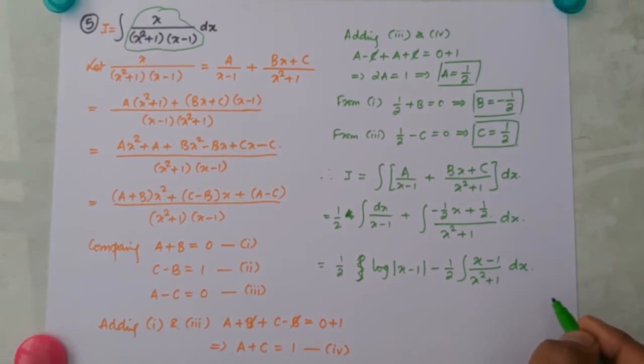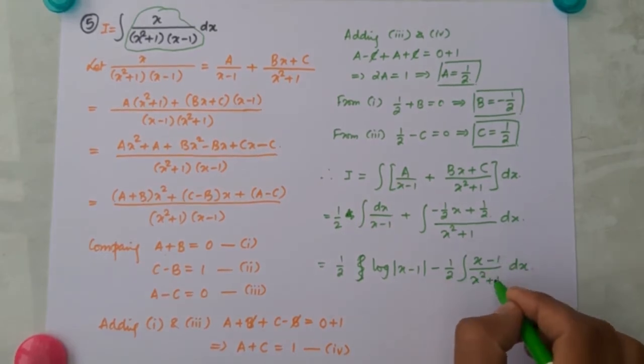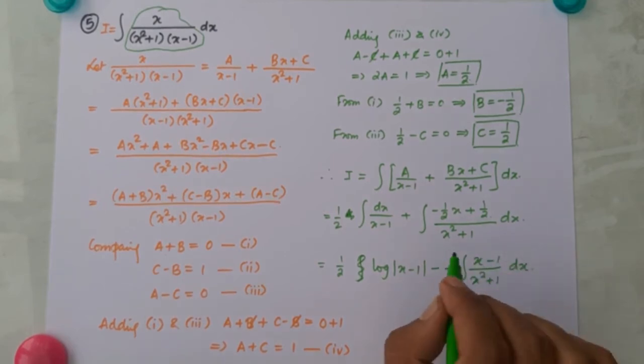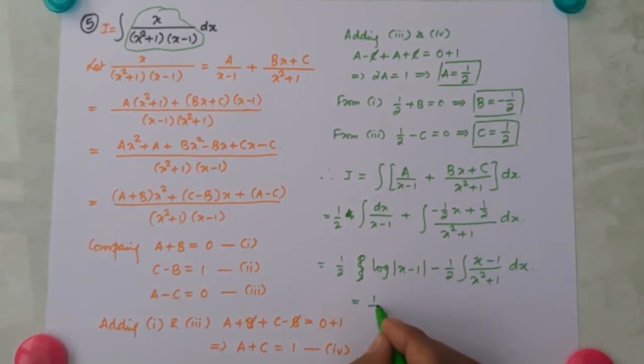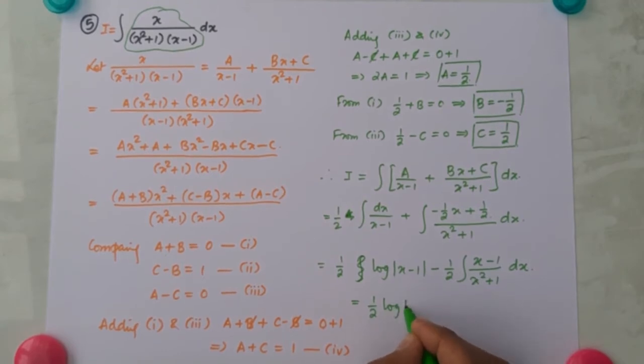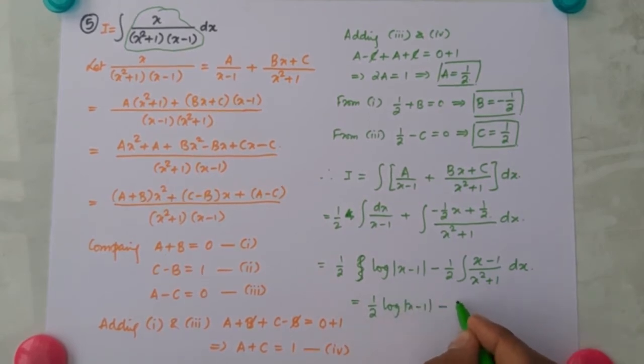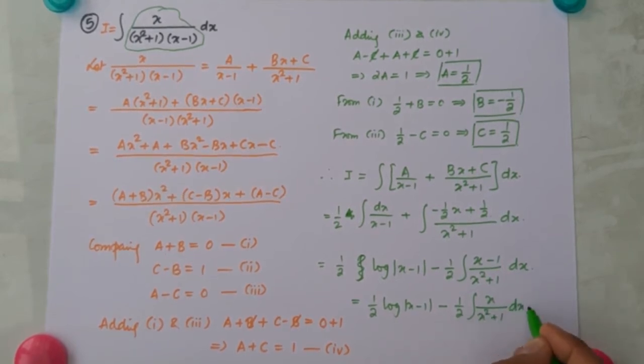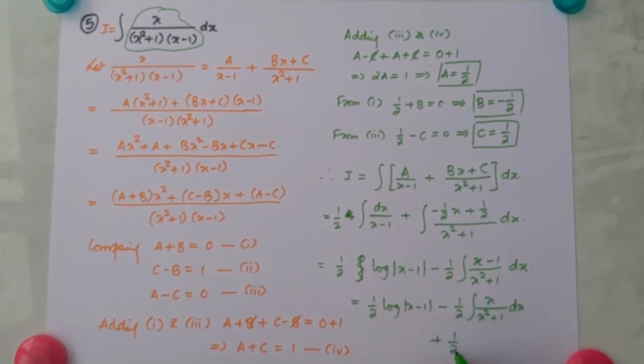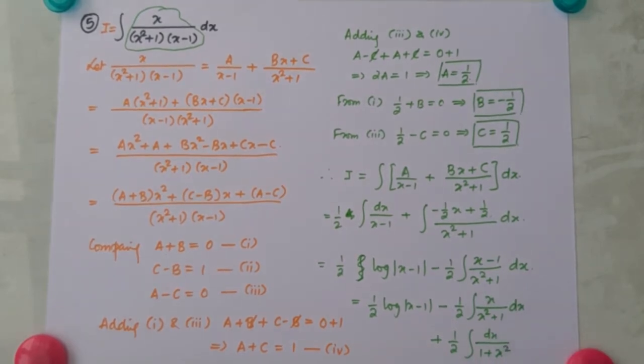Now see here carefully, this integral can be again separated, so it can be written as half log of x minus 1 minus half integral x by x square plus 1 dx. Minus into minus becomes plus half of integral dx by x square plus 1, which can be written as 1 plus x square, right?